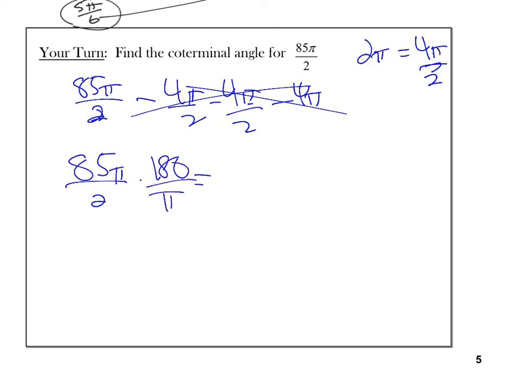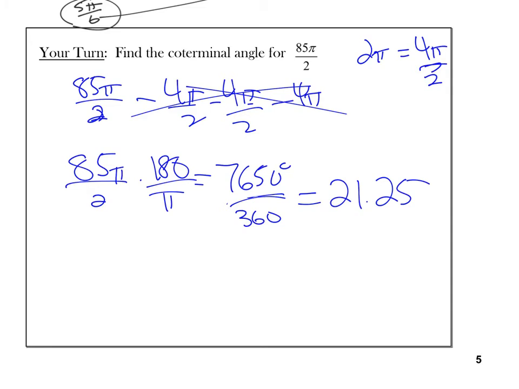and when doing so, you get 7,650 degrees. That's a whole lot of rotations. So divide it by 360. Gives you 21.25. All right, so 21 represents your rotations. So you're going around the circle 21 times, and then you get dizzy, and you're going plus another 0.25.